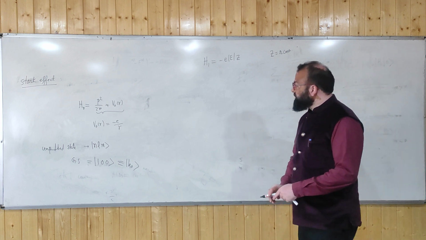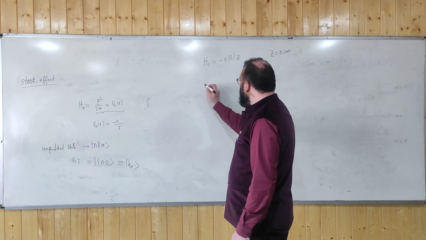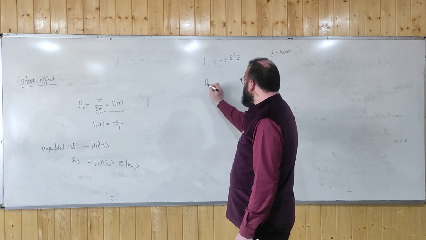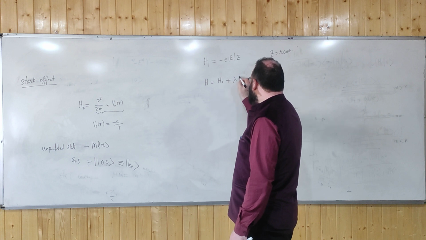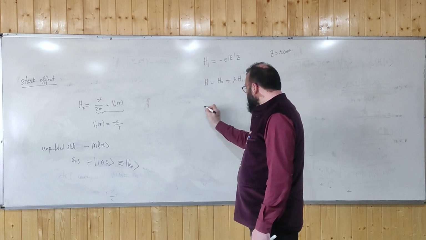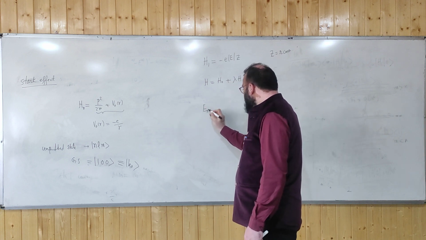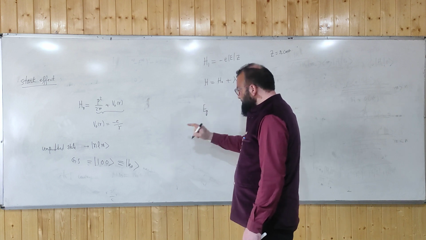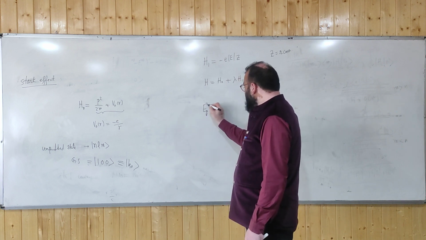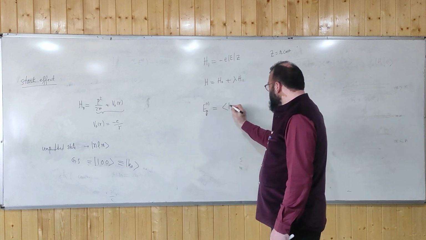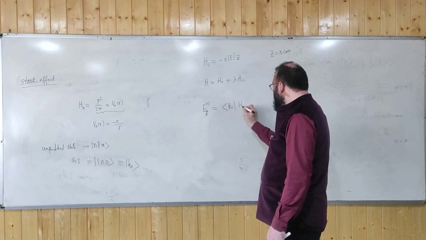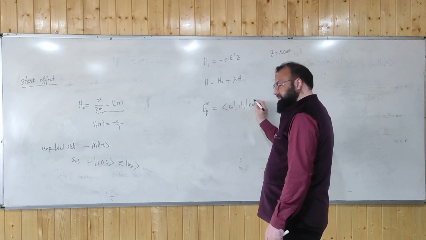So let's write therefore. What is our H? H is simply equal to H0 plus lambda H1. Let's calculate the first order correction to the energy E0, where 0 means the ground state. What is that equal to? It will be simply K0, H1, K0.